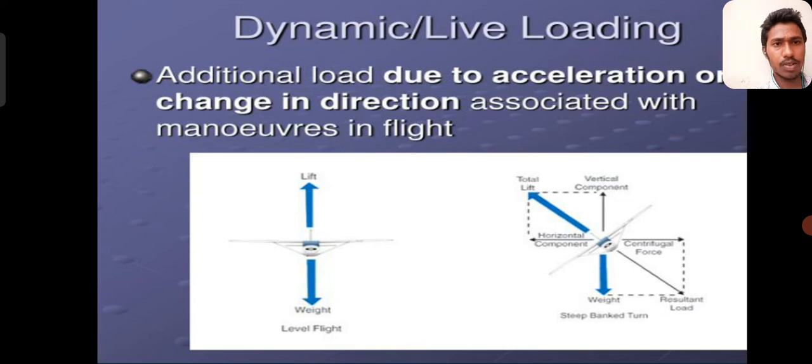In level flight, lift and weight, we can observe that there are two velocity components, from which the central force can be identified. In the second picture we can observe the turn.